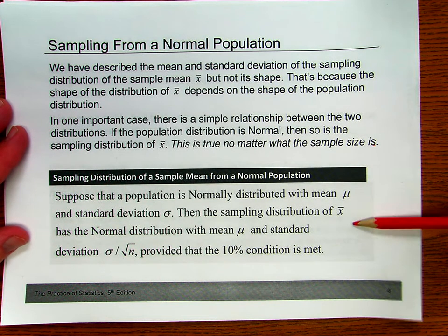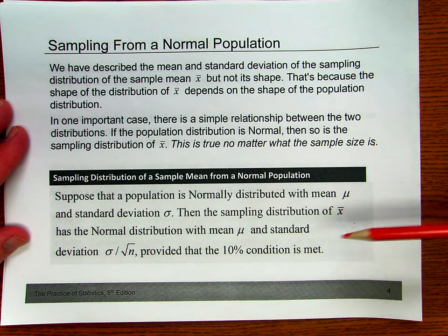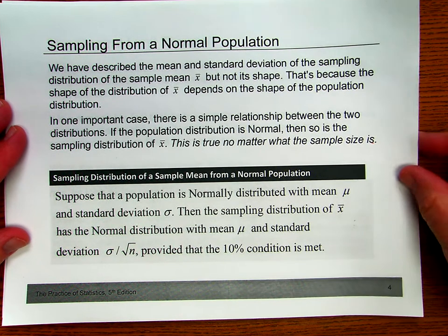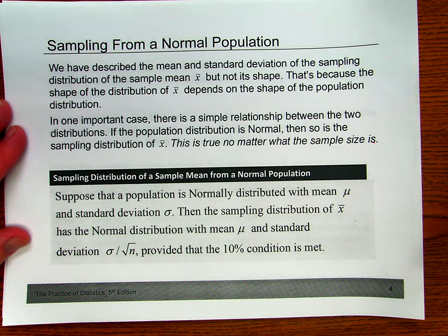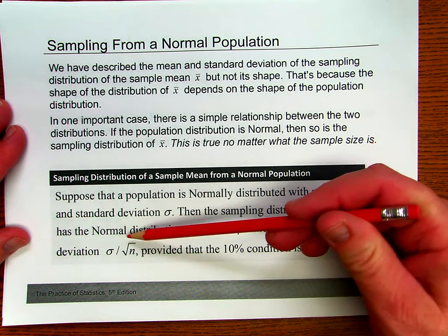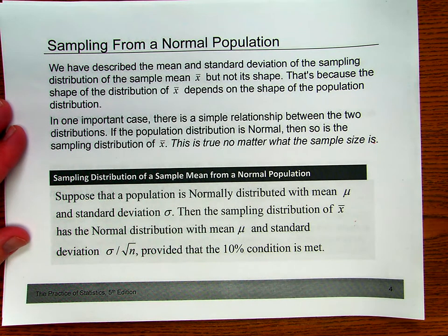So just rephrasing that back using some symbols and terminology from the previous slide. Suppose that the population is normally distributed with mean mu and standard deviation sigma, then the sampling distribution of x bar has a normal distribution with mean mu and a standard deviation of this, and that's true as long as the 10% condition is met.